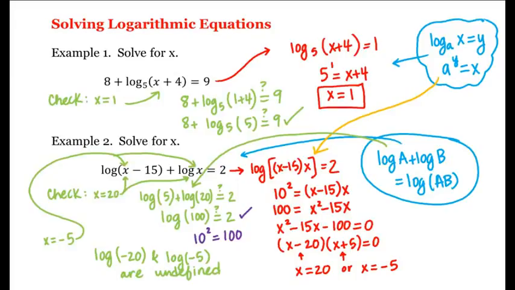Because remember that the domain of the logarithm is values that are strictly greater than 0, which means we're going to cross off x equal to negative 5 over here. And therefore, our only answer is x equal to 20.